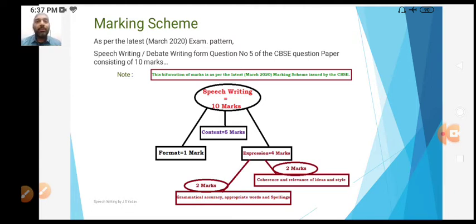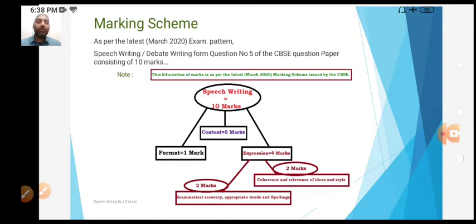students, you should remember that grammatical mistakes will definitely reduce your marks in long compositions, in writing section in general. So grammatical accuracy, selection of appropriate words, and spelling errors, these are the things that reduce your marks here.